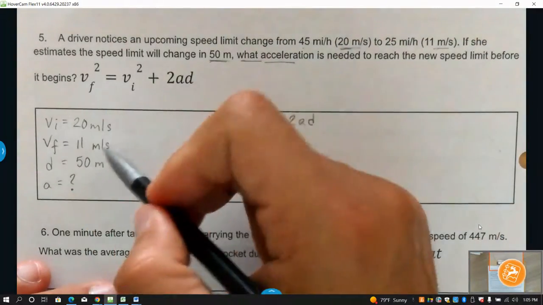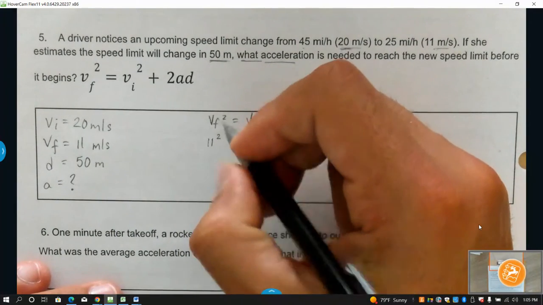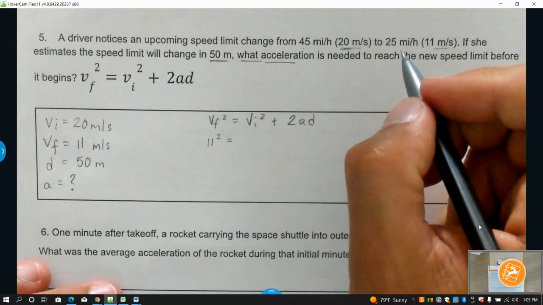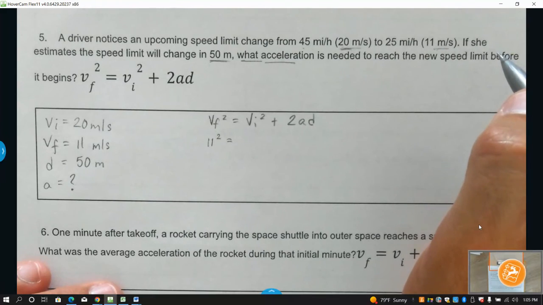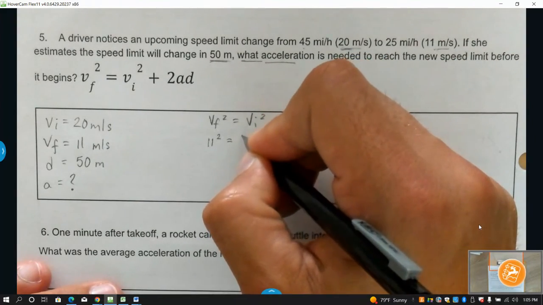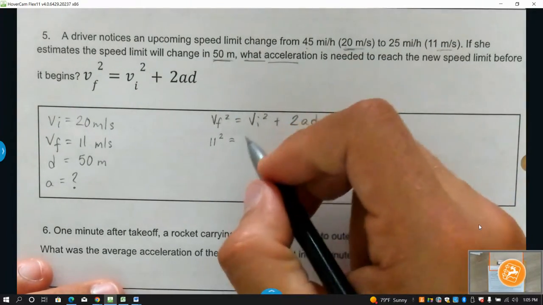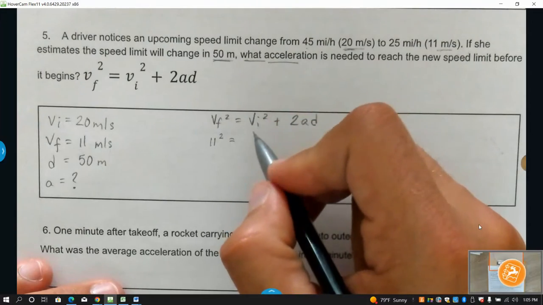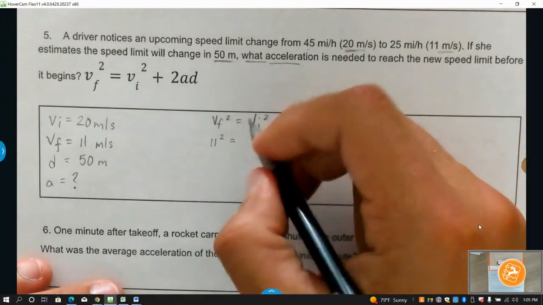And now let's solve and put everybody in the correct spot. What is our VF? It is 11. So we have to do 11 squared. What about initial velocity? What is our initial velocity? Initial velocity, 20 meters per second.